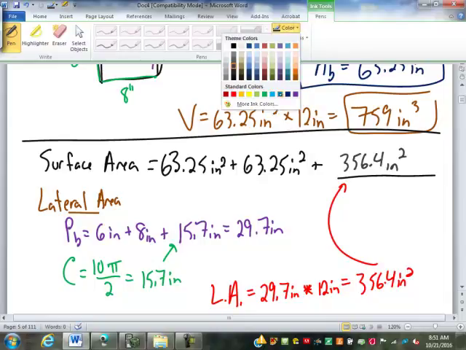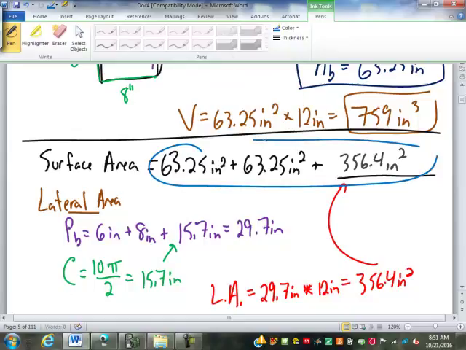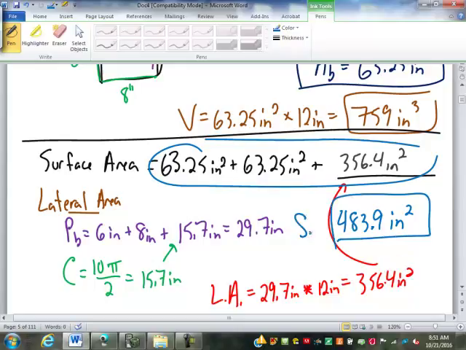So then, add those together, which is going to give us 483.9. Correct. That is my total surface area.